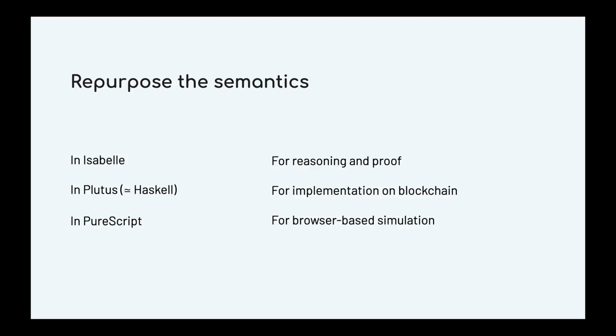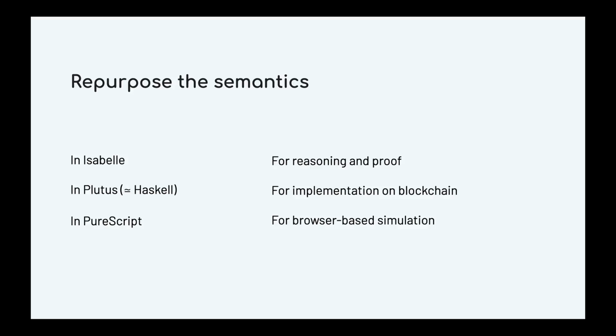It was written in Haskell initially, but Plutus is more or less Haskell. Perhaps not with all the libraries, but we can, in principle at least, build our implementation on blockchain from our semantics. And also we can translate the semantics into PureScript for simulation in the browser.